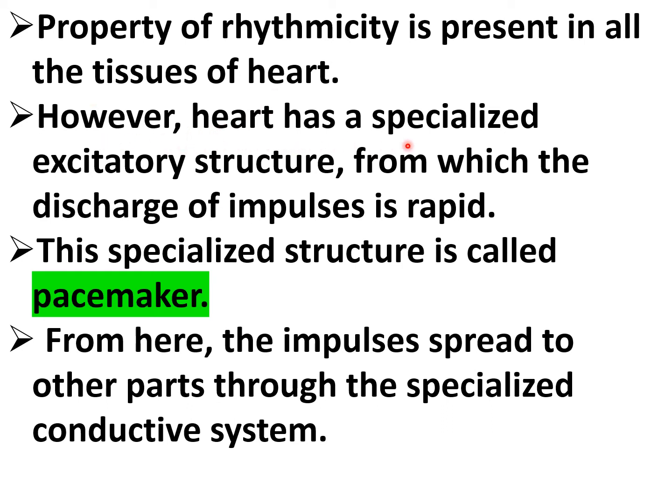However, the heart has a very specialized excitatory structure from which the discharge of the impulse is very rapid, and this specialized structure is known as the pacemaker. From here the impulses spread to the other parts through the specialized conductive system. The SA node is known as the pacemaker because the generation of the impulse from the SA node is very fast.